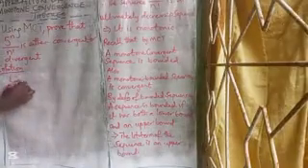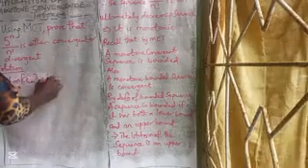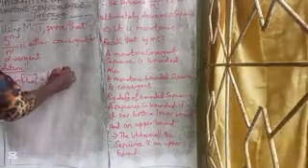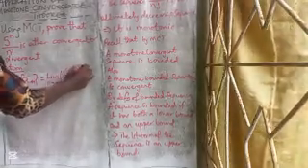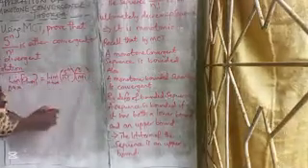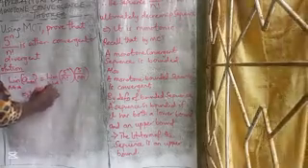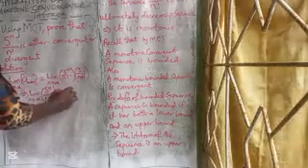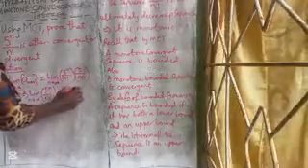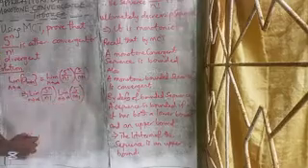The limit as n approaches infinity of a sub n, that is the limit as n tends to infinity of 5 raised to power n over n factorial times 5 over n plus 1. That is the limit as n tends to infinity of 5 raised to power n over n factorial times the limit as n tends to infinity of 5 over n plus 1.